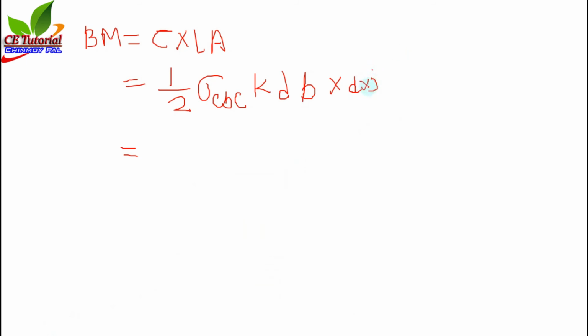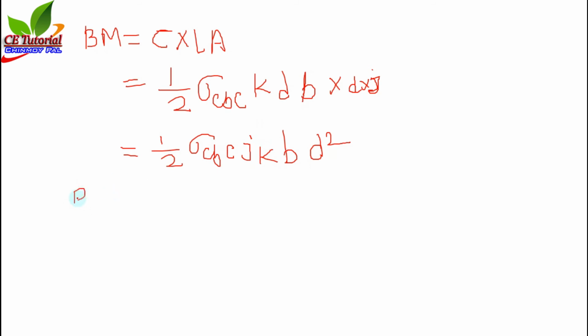J. So we can say this is half sigma CBC J K B D square. Okay, half sigma CBC J K B D square, and it is coming from concrete.